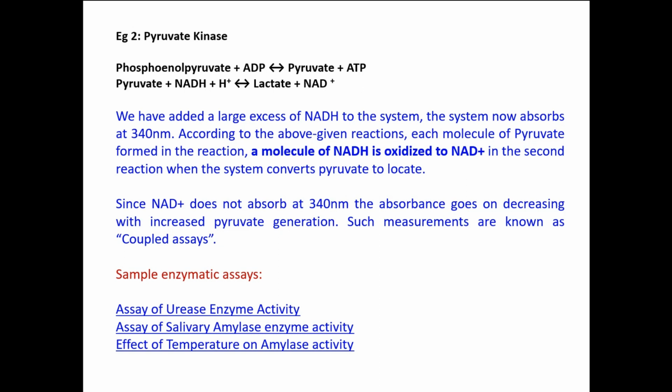And you see the next reaction for pyruvate: lactate dehydrogenase converts pyruvate with NADH into lactate and NAD. What happens? It gives rise to pyruvate and NADH. Is it not?